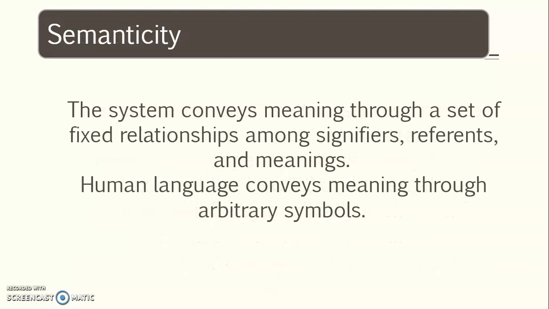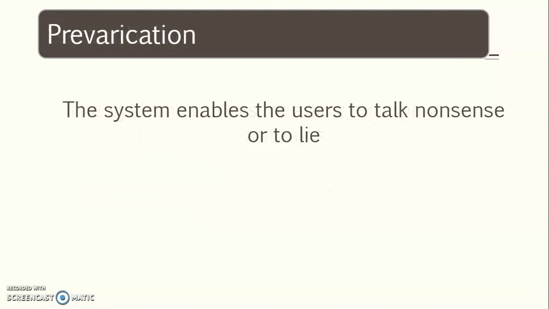Semanticity, the system conveys meaning through a set of fixed relationships among signifiers, reference, and meaning. Human language conveys meaning through arbitrary symbols. Depending on the language you speak, it conveys meaning through the combination of sounds. And the system enables the user to talk nonsense or to lie, prevarication.